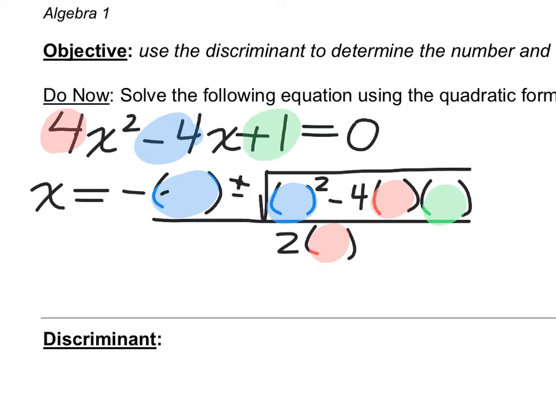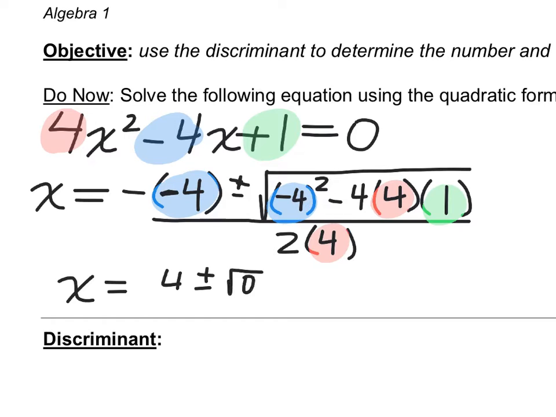All right, so negative b, so negative 4 squared minus 4 times 1 over 2 times 4. So this is a nice, crisp, clean 4 plus or minus radical 0, which is 0, over 8.